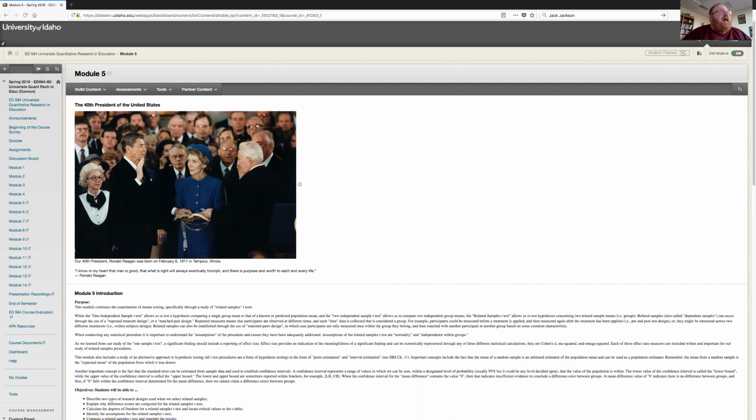The repeated measure design takes place when participants are observed at different times, and at each time data is collected, and that is considered a group. For example, participants could be measured before a treatment is applied and then measured again after the treatment has been applied. This would be a pre- and post-test design.